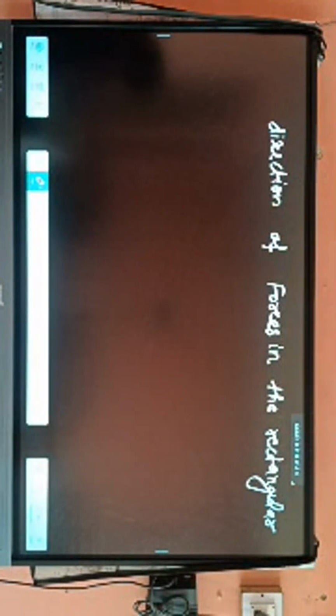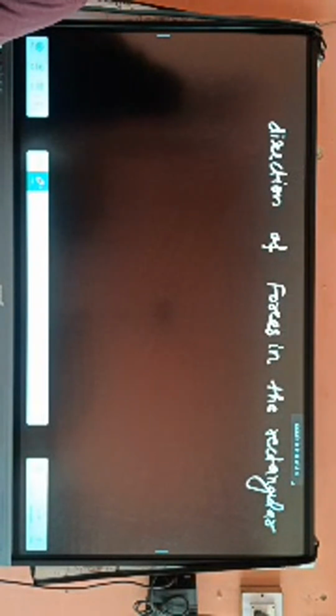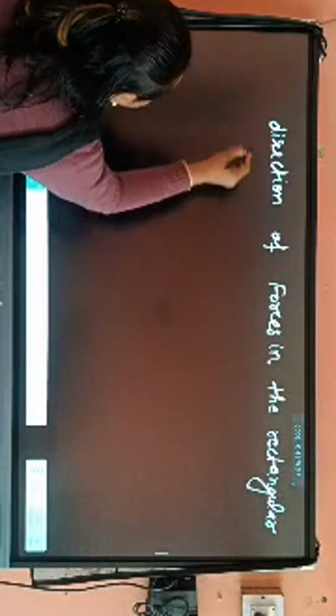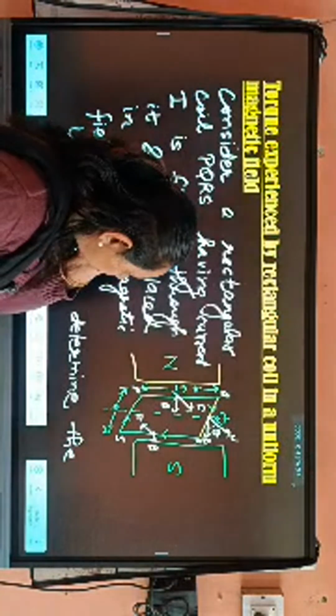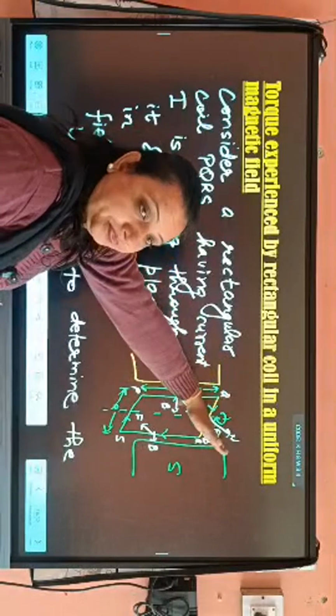So by using FLHR, Fleming's left hand rule, the direction of force in this conductor is there.